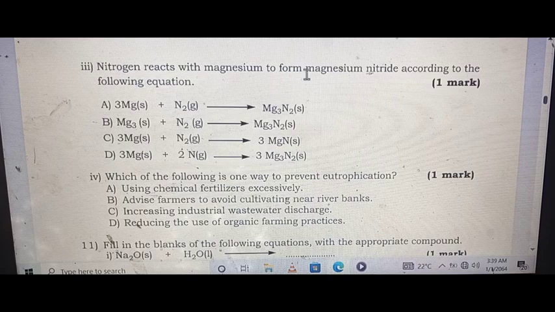Nitrogen reacts with magnesium to form magnesium nitride according to the following equation. The correct answer is letter A. 3 magnesium in solid reacts with nitrogen in gas to form magnesium nitride.